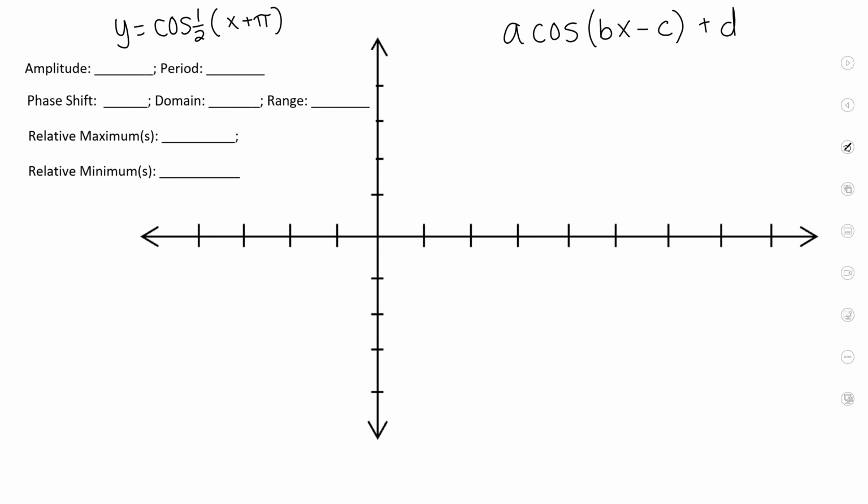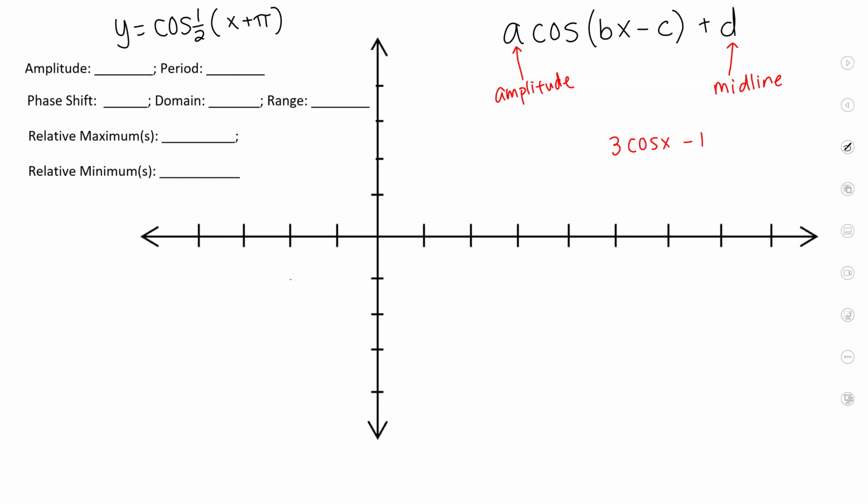Okay, so yesterday we mostly reviewed what A and D do to our graph, right? A gives you the amplitude. D gives you the midline. So for example, maybe you saw something like 3 cosine x minus 1.